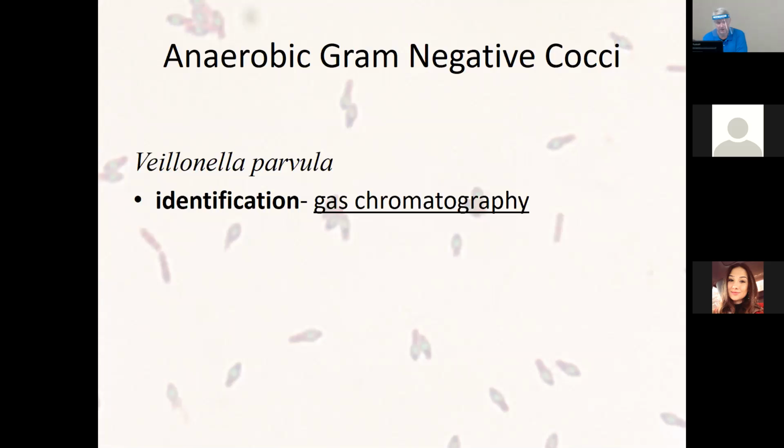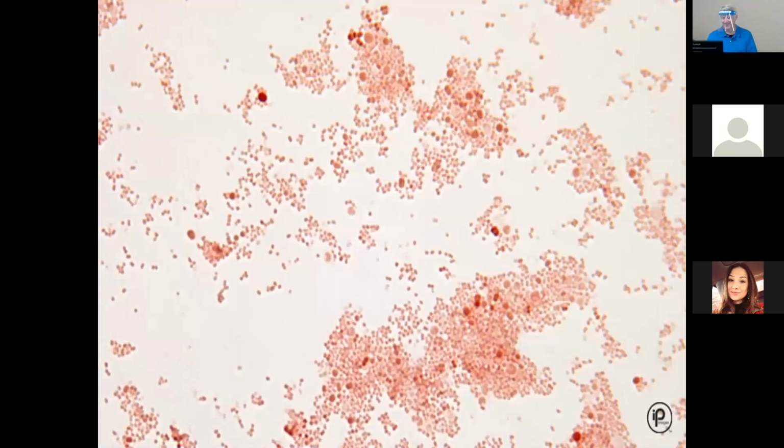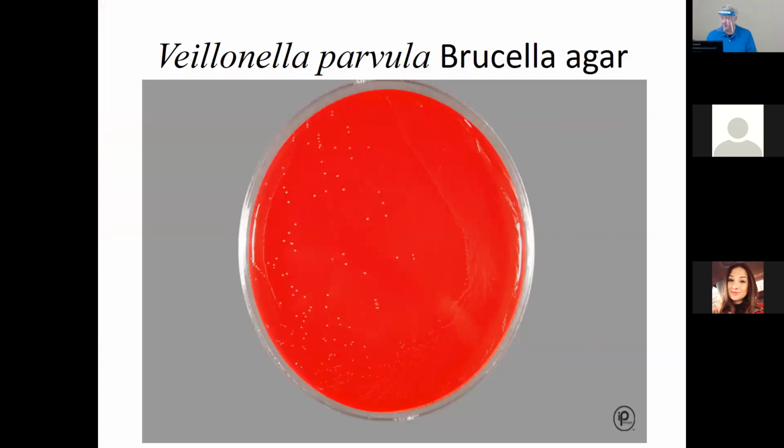That's how that's spelled. Yeah, so I was gonna go Veillonella parvula. There, gram-negative cocci.